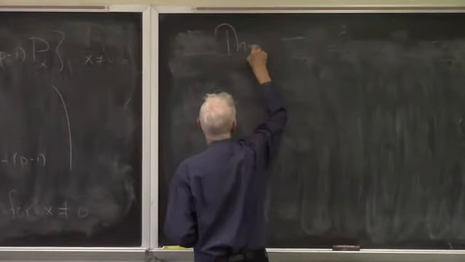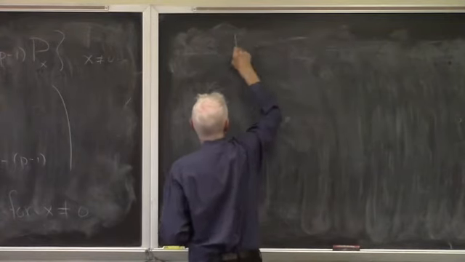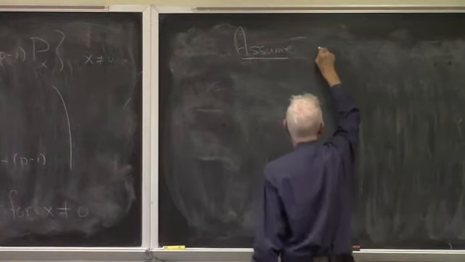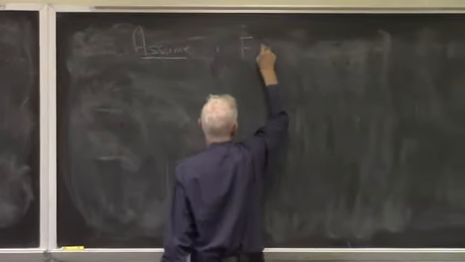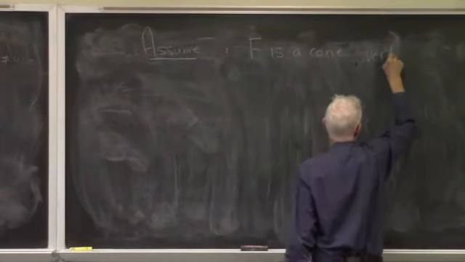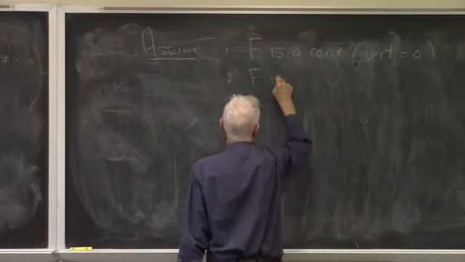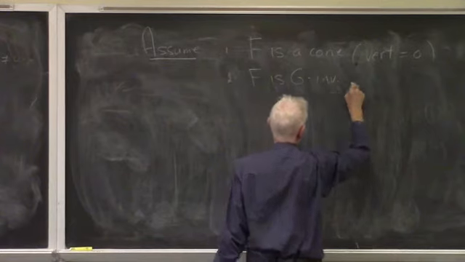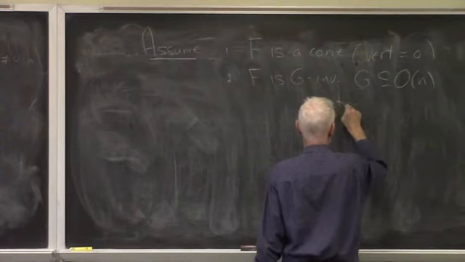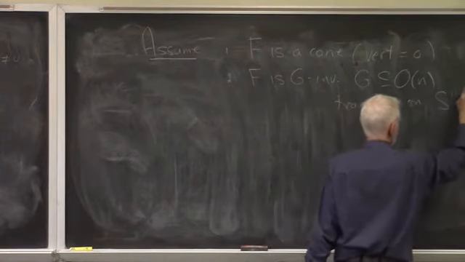So, at this point I want to make a simplifying assumption, and that's essentially from now on. I want to assume two things. F is a cone with vertex at the origin, and secondly, F is G invariant, where G is a subgroup of the orthogonal group which is transitive on the sphere.